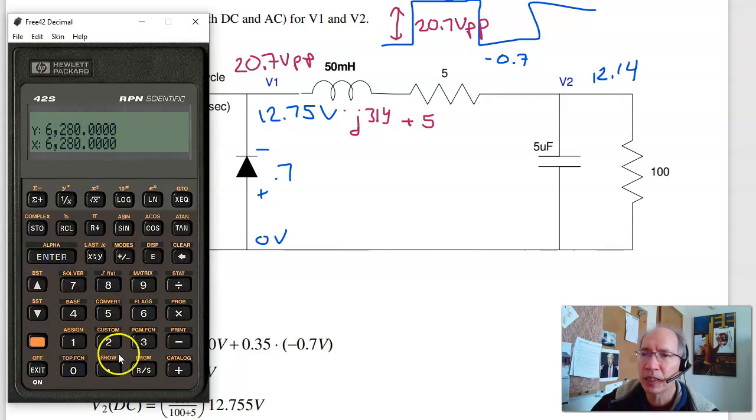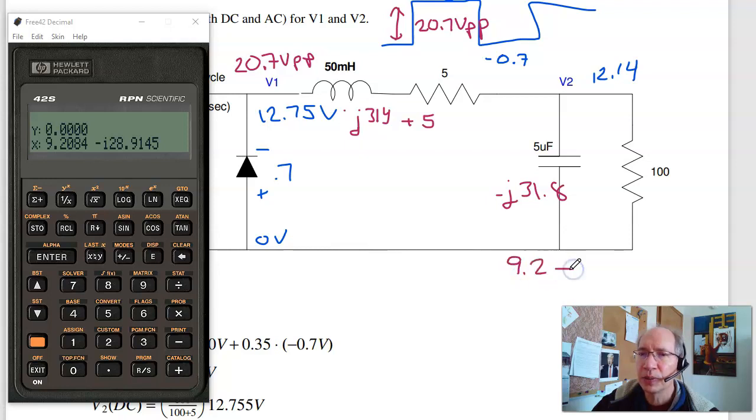That's omega. C is 5 microfarads, 5e minus 6. That works out to minus j31.8 ohms. So there's the capacitor. In parallel with 100, take 1 over x, 100, inverse, add, inverse. In parallel, the inverse is add. So in parallel, this is 9.2 minus j28.9.